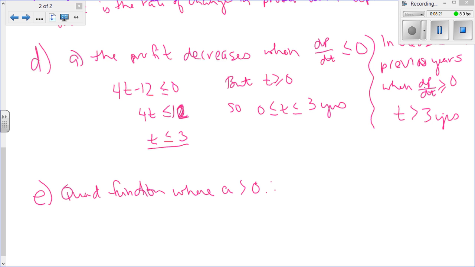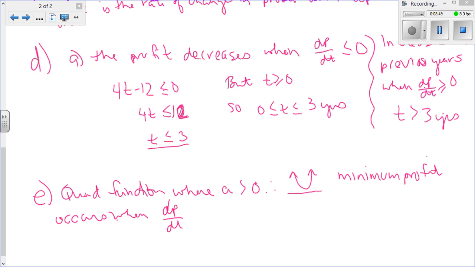Therefore, I'm going to have a parabola that opens up, and my minimum profit occurs when dP/dt is equal to 0.